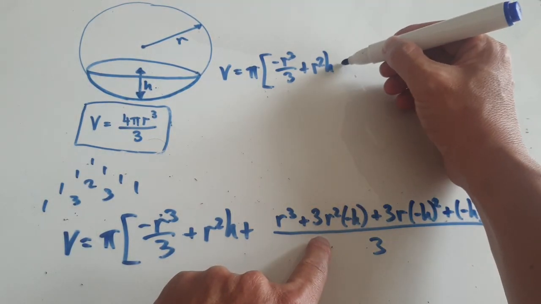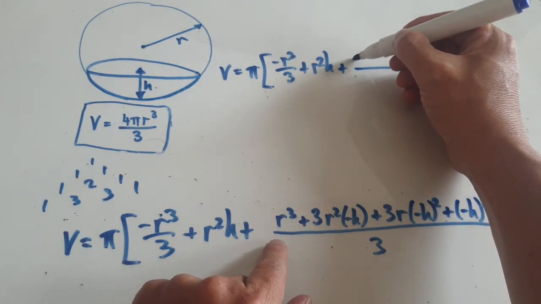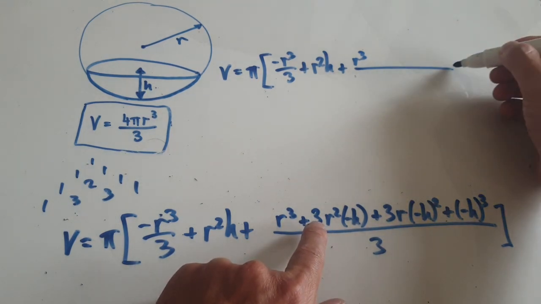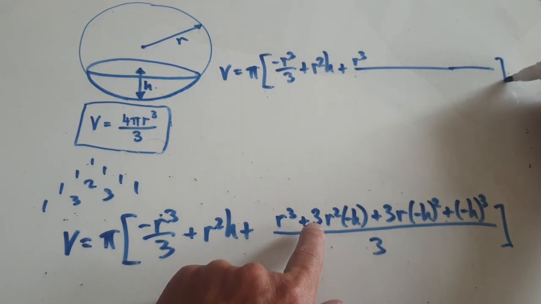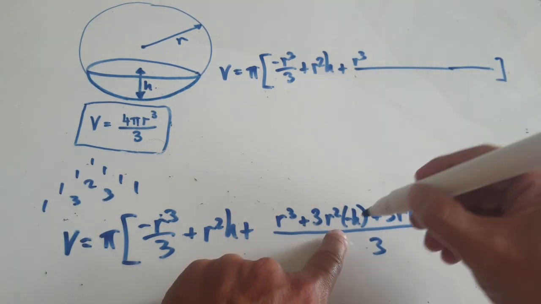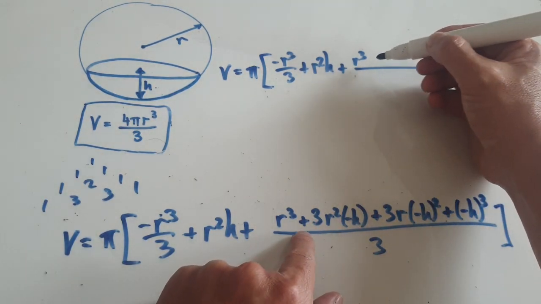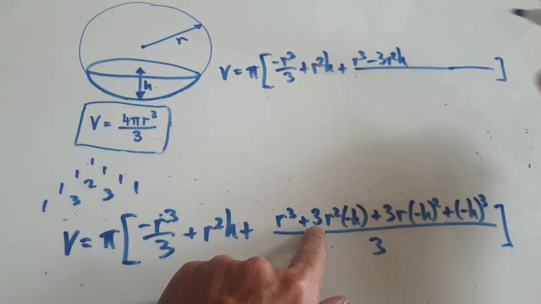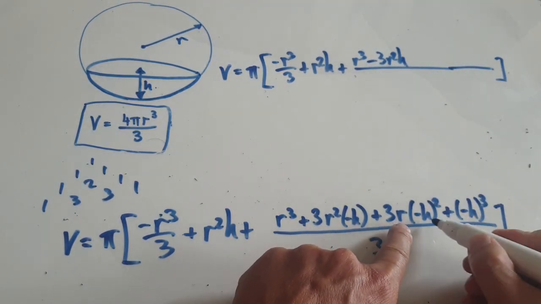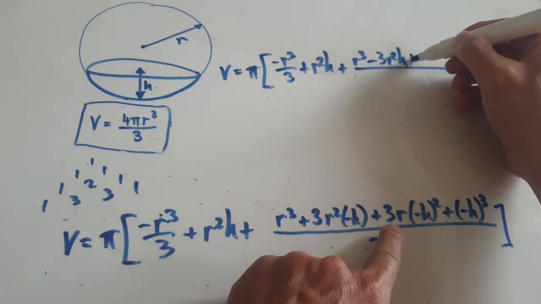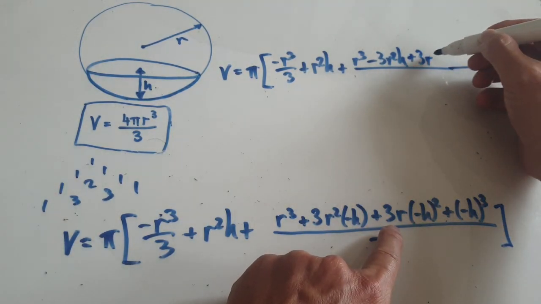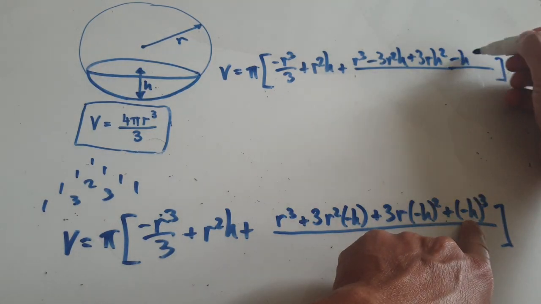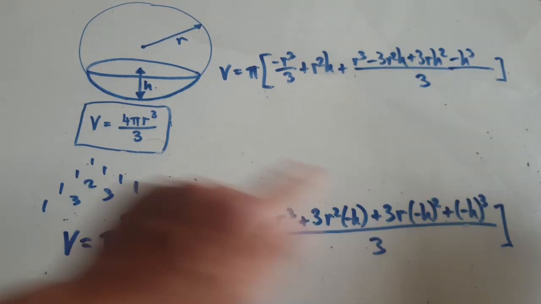This thing here will be plus r cubed, and then minus, hang on, let me extend this. This thing here would be minus, because of that h there. So that would be minus 3r squared h. And then this thing here would be plus, because negative h squared, plus 3r h squared. This thing here would be minus h to the power 3 all over 3.